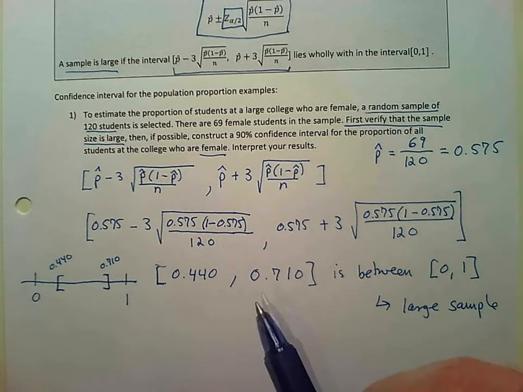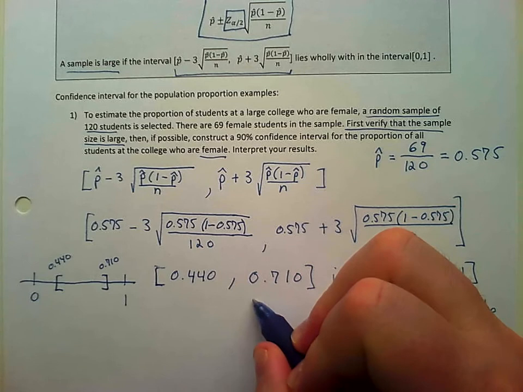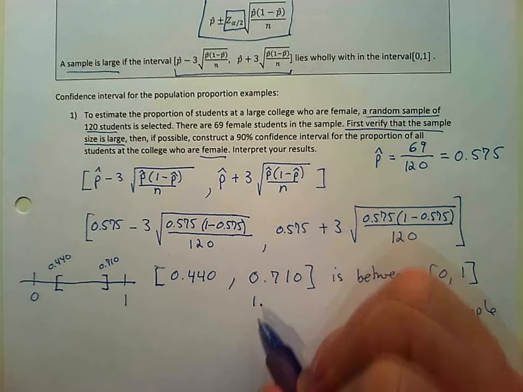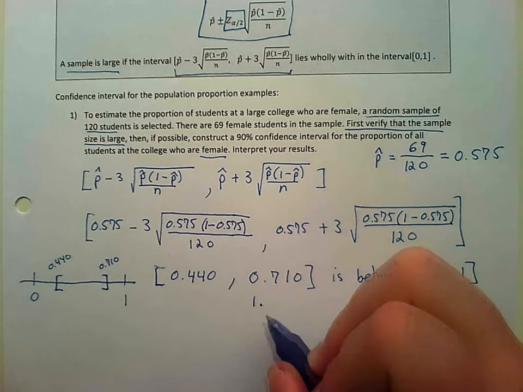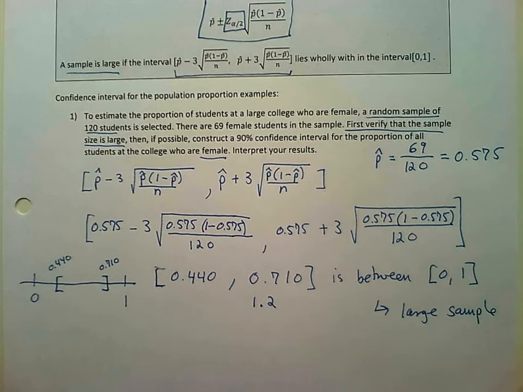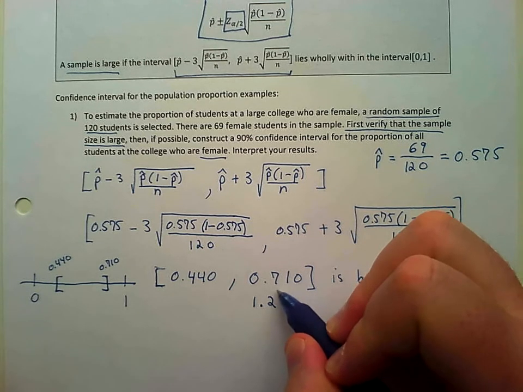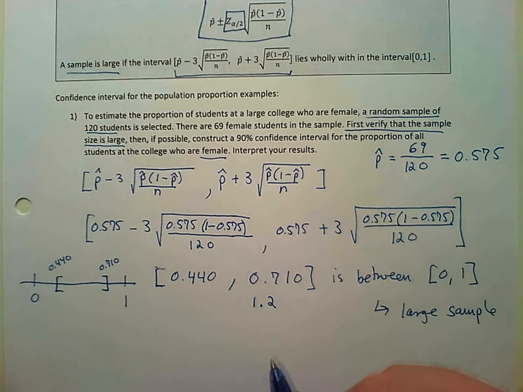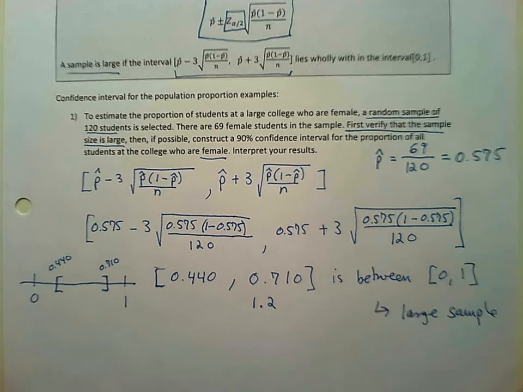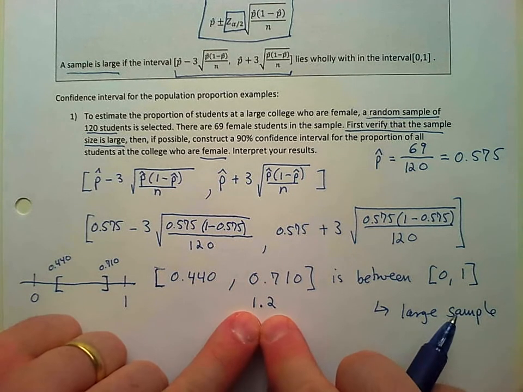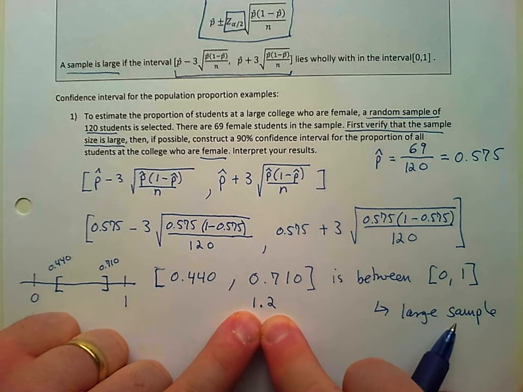If we did this arithmetic, and suppose for a second that we got the number here for the upper bound to be equal to, I don't know, 1.2. I'm pulling that out of thin air, right? I'm saying that instead of getting 0.71, we got 1.2. Well, now think about what 1.2 means in terms of proportions. That's 120%.